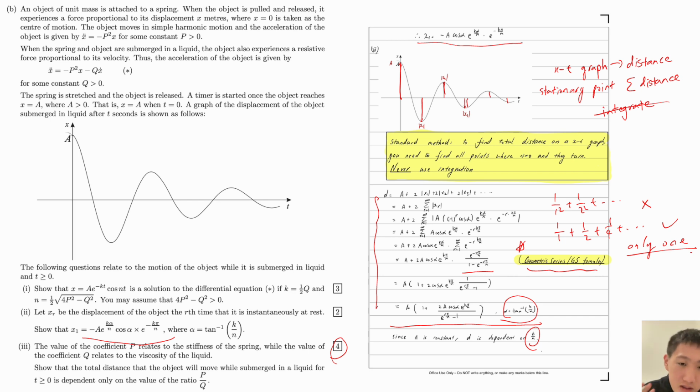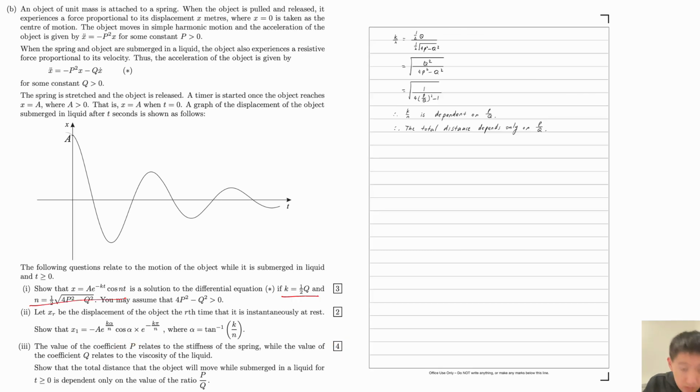So now you need to prove k over n is actually dependent on p over q. As we proved, d is dependent on k over n, and we just need to prove that k over n is dependent on p over q. Then we can prove that d is actually dependent on p over q.